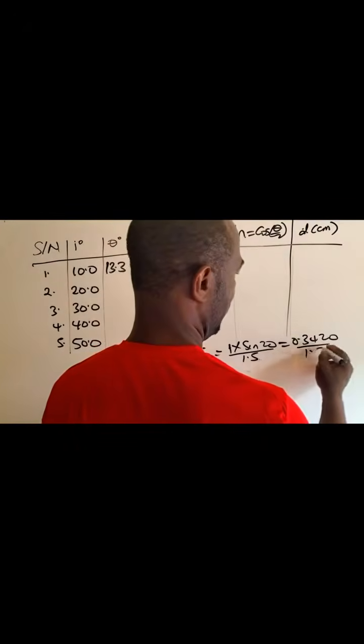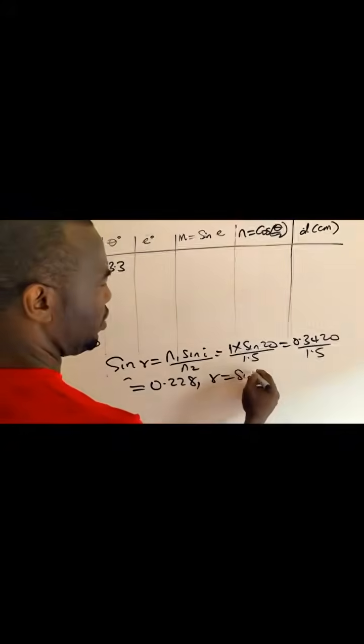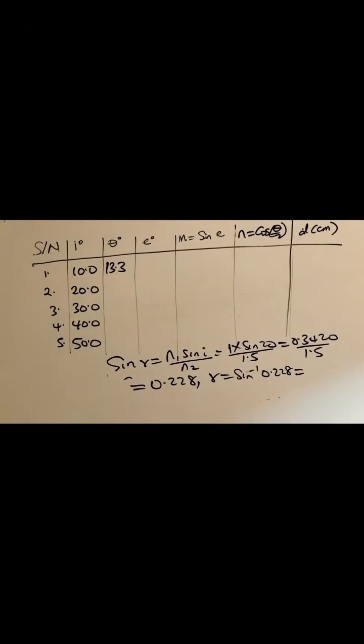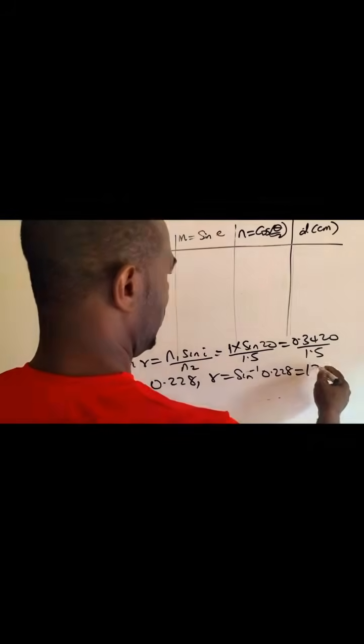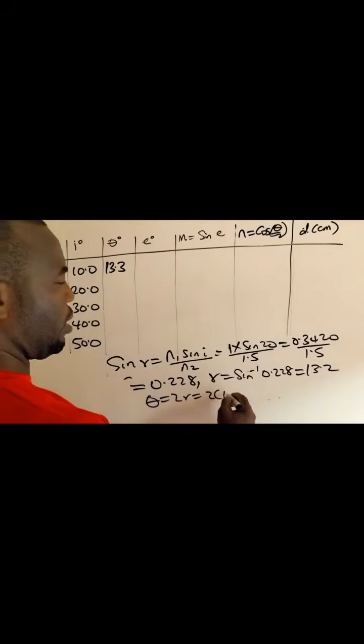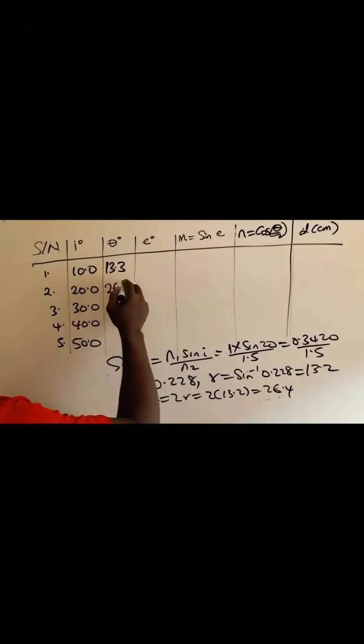When we divide 0.3420 by 1.5, we get 0.228. Then R becomes sine inverse of 0.228, which gives 13.2 degrees. So theta is 2R, which is 2 times 13.2, giving 26.4 degrees. Write theta here, 26.4 degrees.